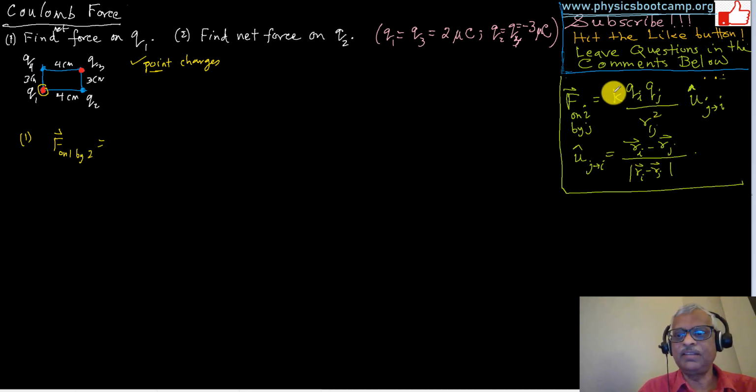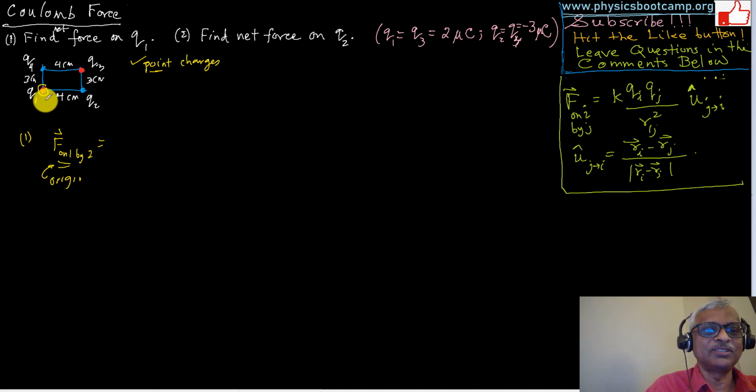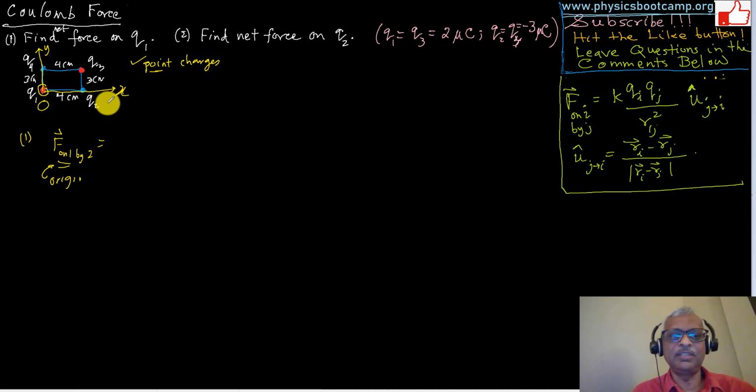Now, writing these vectors, it's probably easier if I choose a coordinate system where charge 1 is the origin. That's my strategy. So I'm going to place the origin here and take one of the charges along the x-axis, and in this problem the other one is along the y-axis, and everything is in the xy plane, so all the vectors will be very simple.